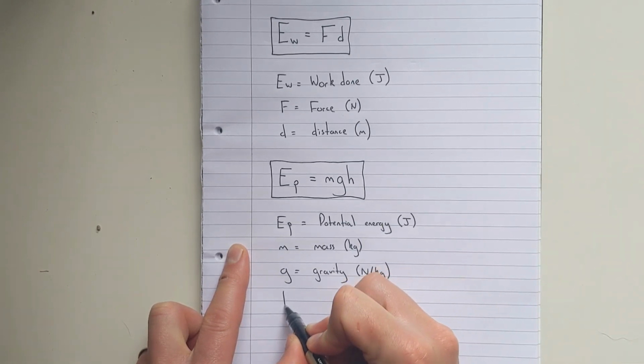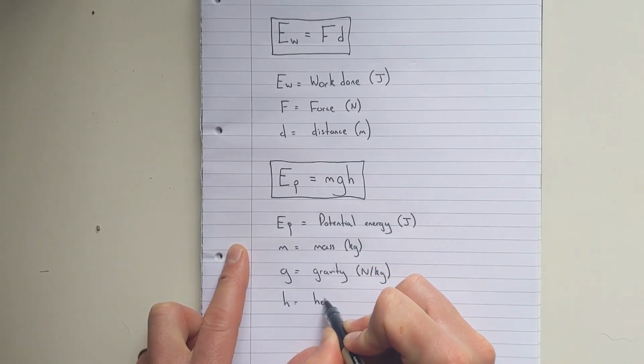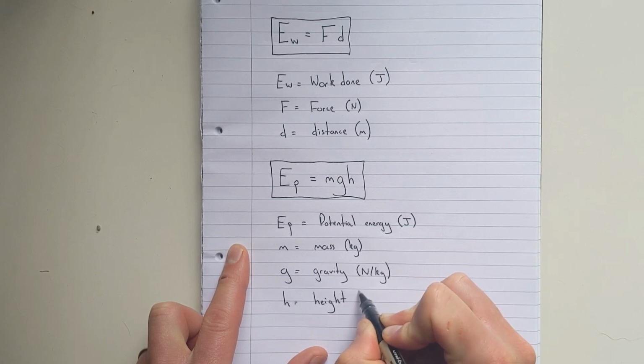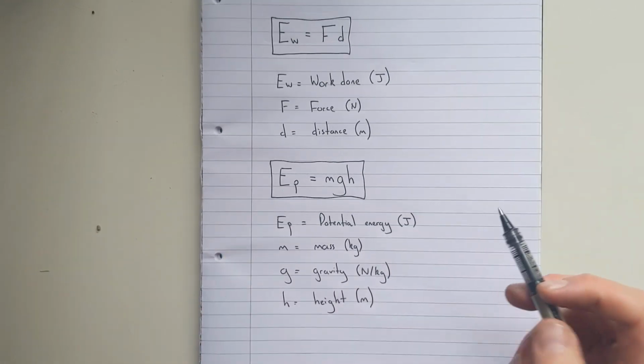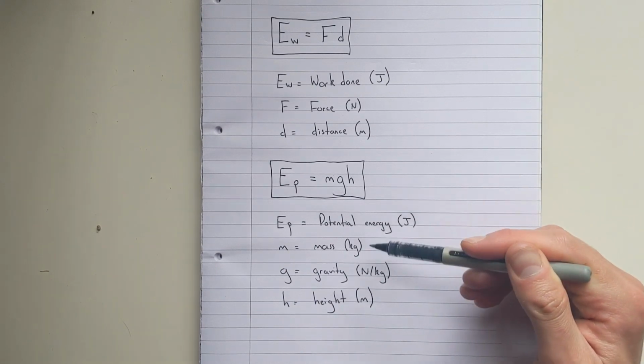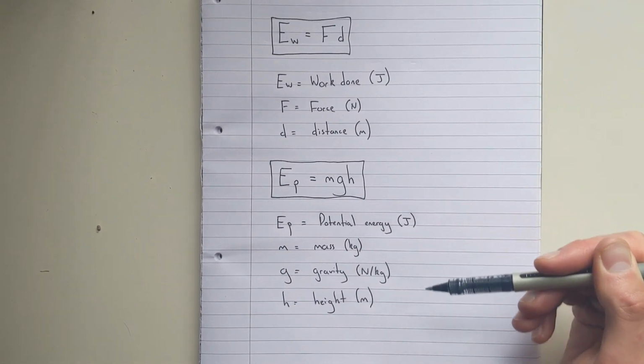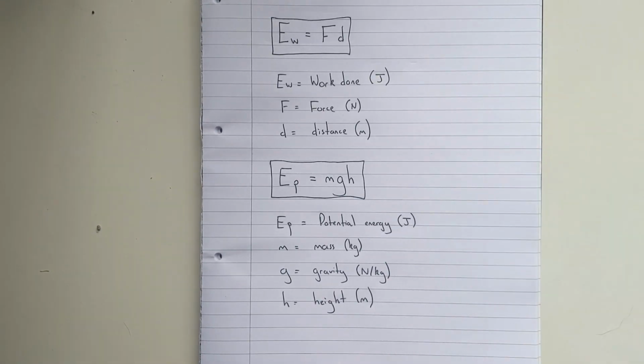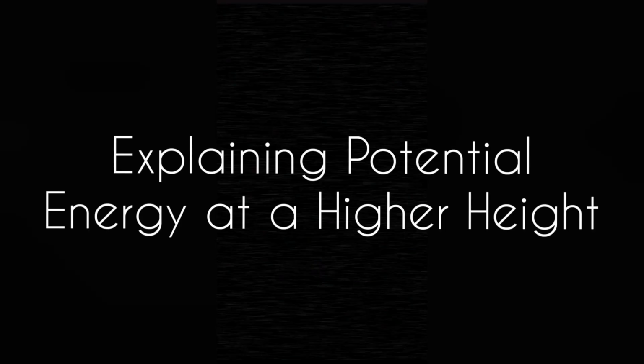And we have h, which is height, and that's measured in meters. Right. Nova and I are going to explain all this a little bit more, and hopefully, once we've done that and we then do some examples, you'll understand both work done and potential energy.